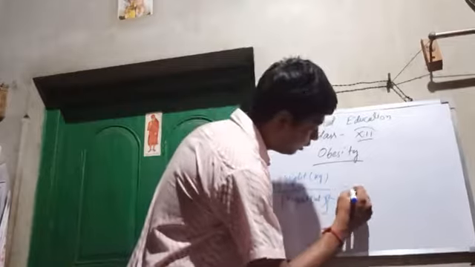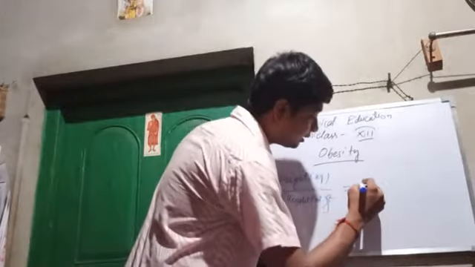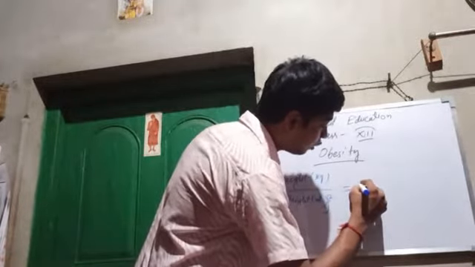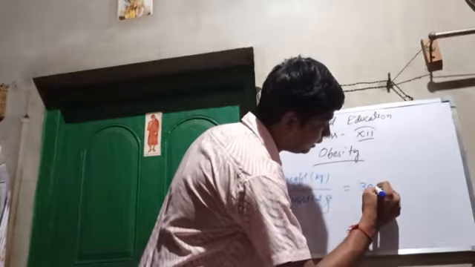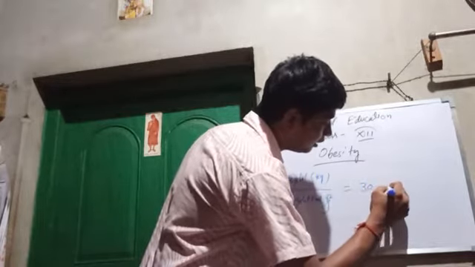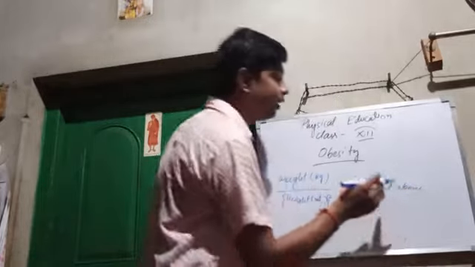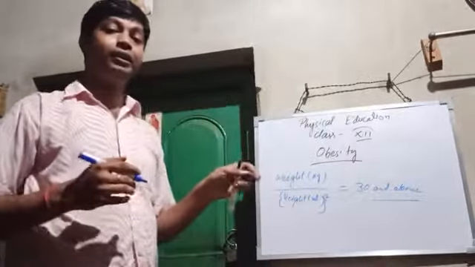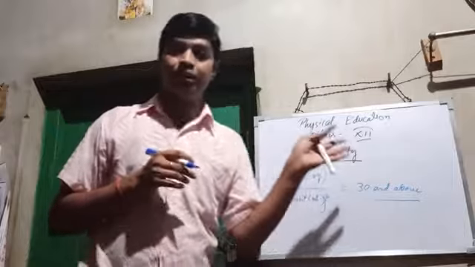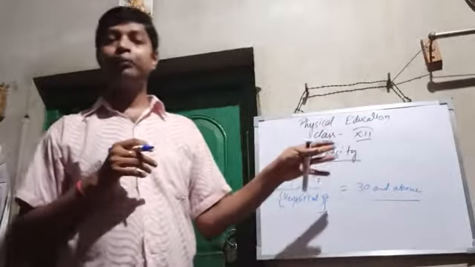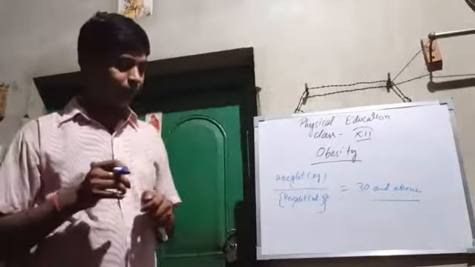If a person has a BMI of 30 and above, then we say he or she is suffering from obesity.